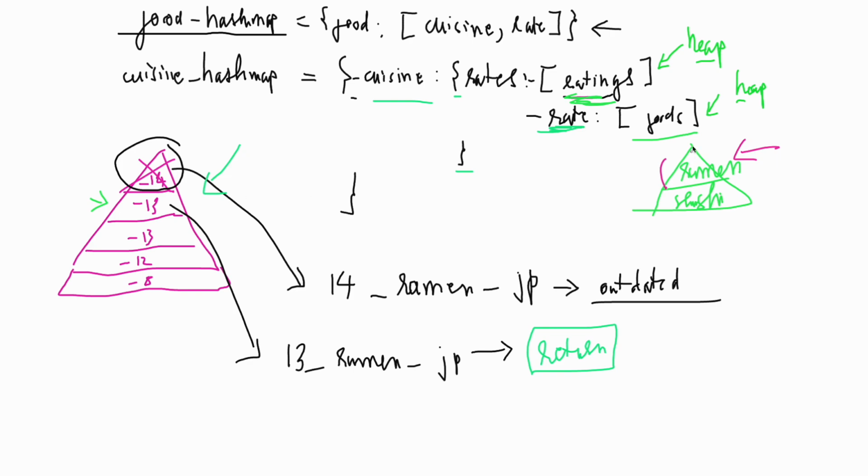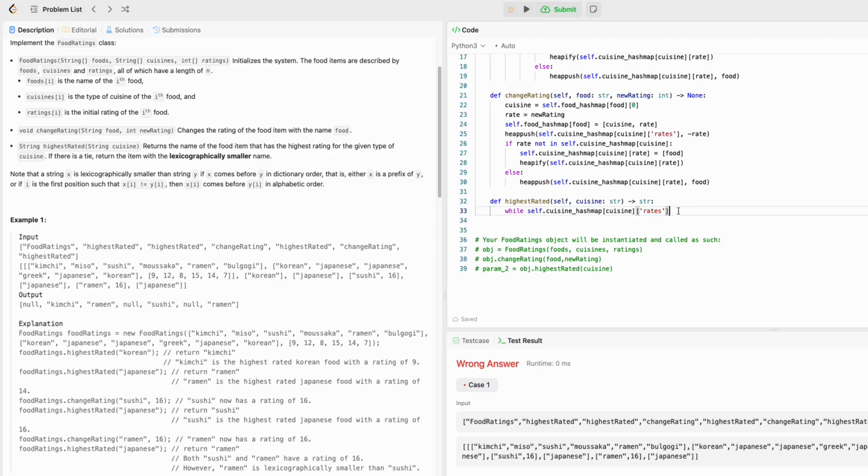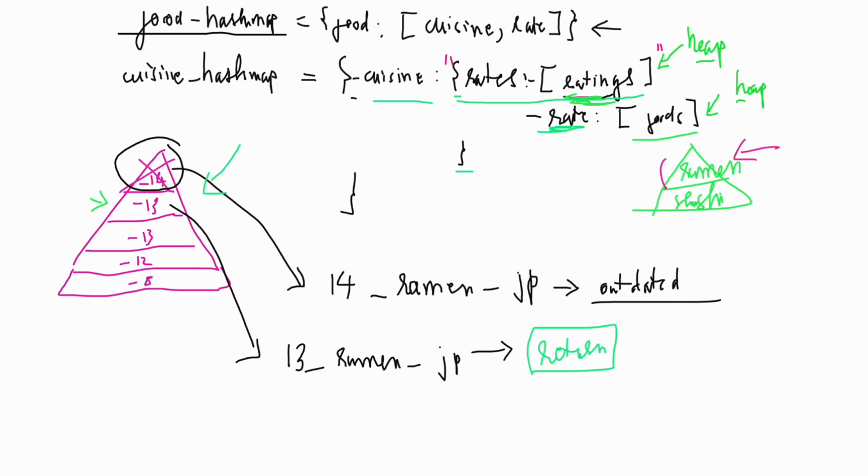Because in here, for example, we want to get the max heap for the ratings, this one. We expect to get the max heap for the rating, so we will go through it and make sure that it is not empty. And then let's say that we have the proposed rate, which would be the top element of the heap. For example, in this case that would be the minus 14.